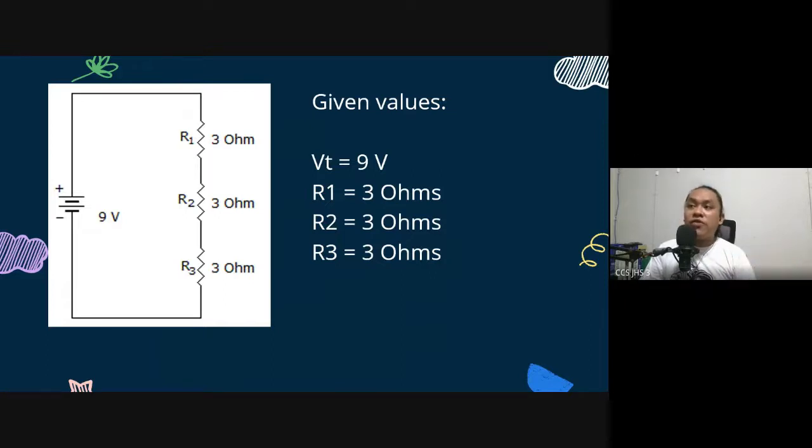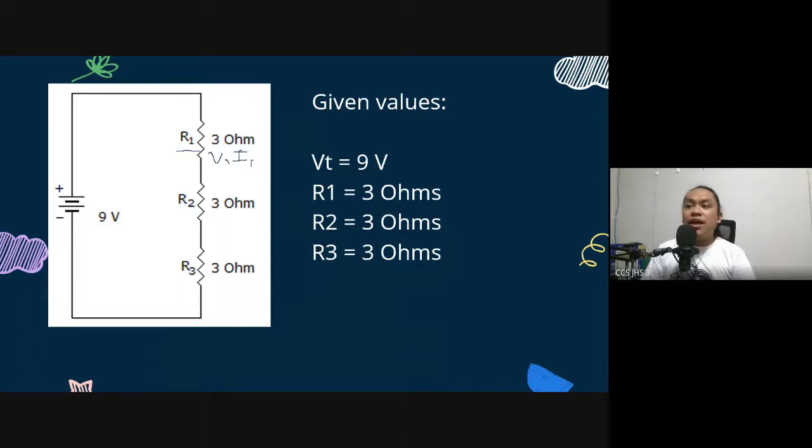Since you have R sub 1 here, we will also look for the value of V sub 1 and I sub 1. So again, if you have a load in your circuit, automatically you have resistance, voltage, and current. So if you have R sub 1, there is V sub 1 and I sub 1. We are going to look for the values of V sub 1 and I sub 1 later.